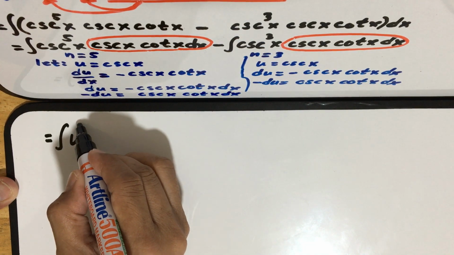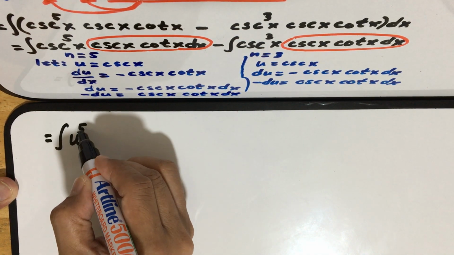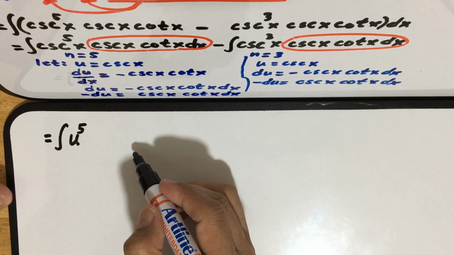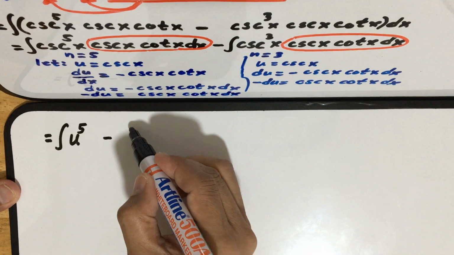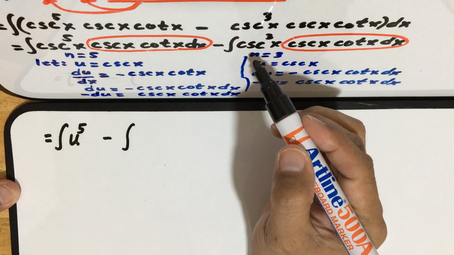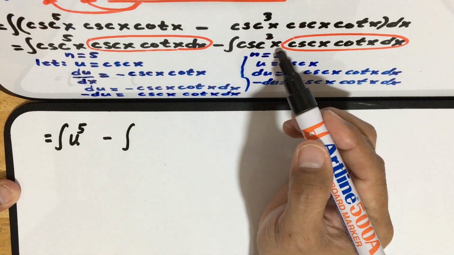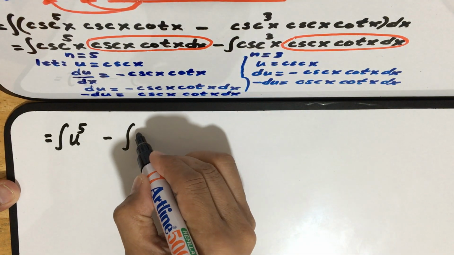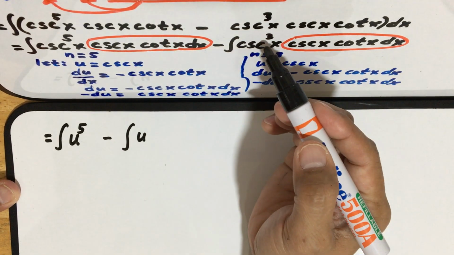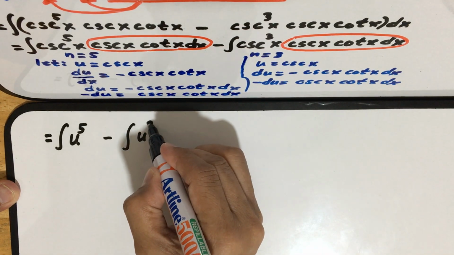So integral of u to the 5th power, then minus integral of, so again, we have cosecant x here, where cosecant x is equal to u. So this is u, and then the exponent, which is equal to 3. So u cubed.